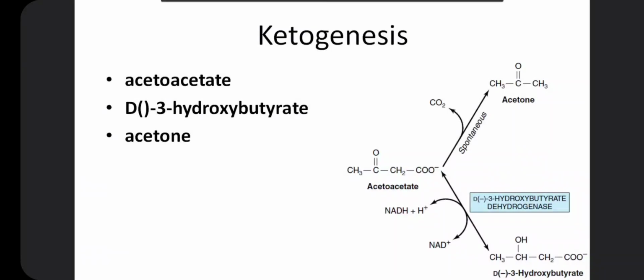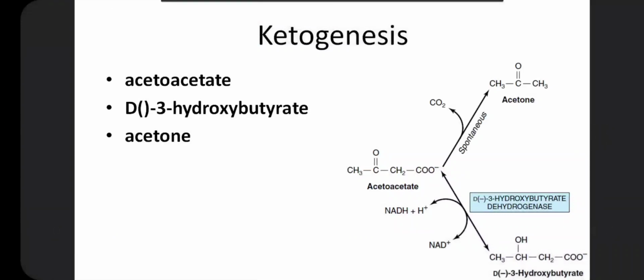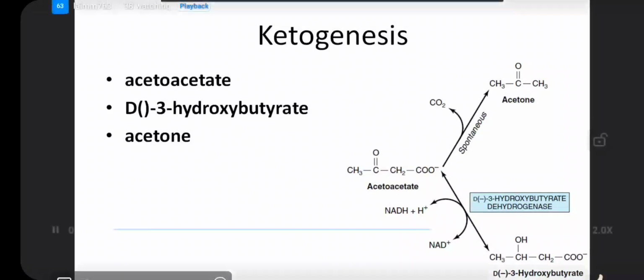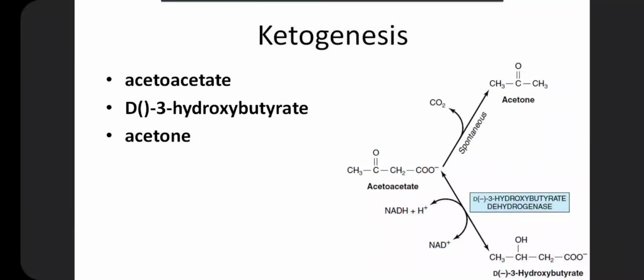So the adipose cells release excessive amounts of fatty acid in response to the high level of glucagon, and as we mentioned before, glucagon can activate hormone sensitive lipase, right? So in this situation, the liver produces larger amounts of acetyl coenzyme A, which cannot be handled by the citric acid cycle.